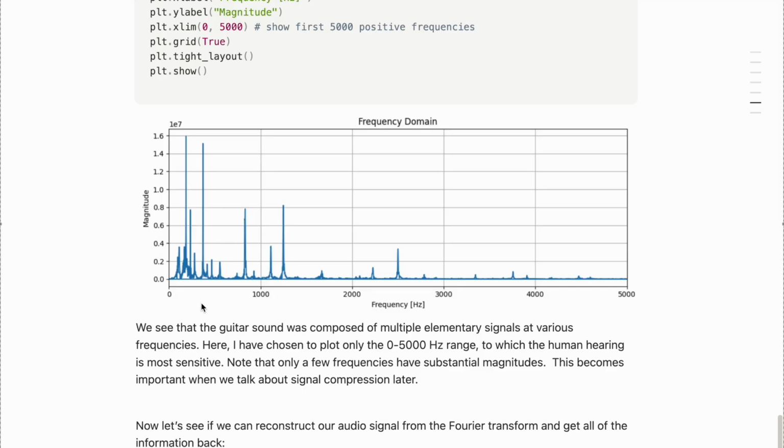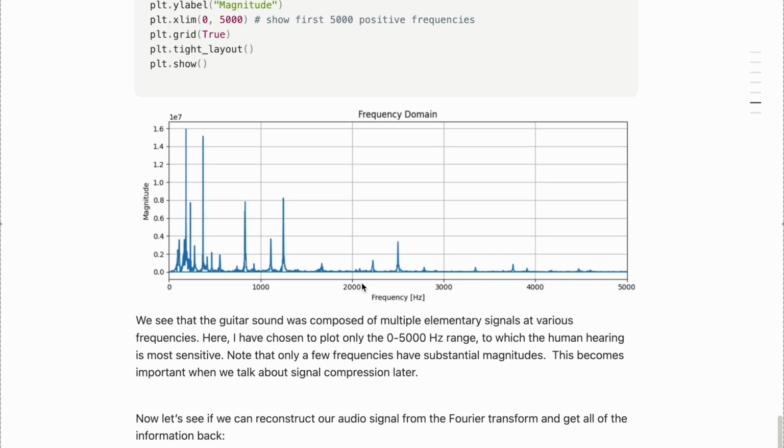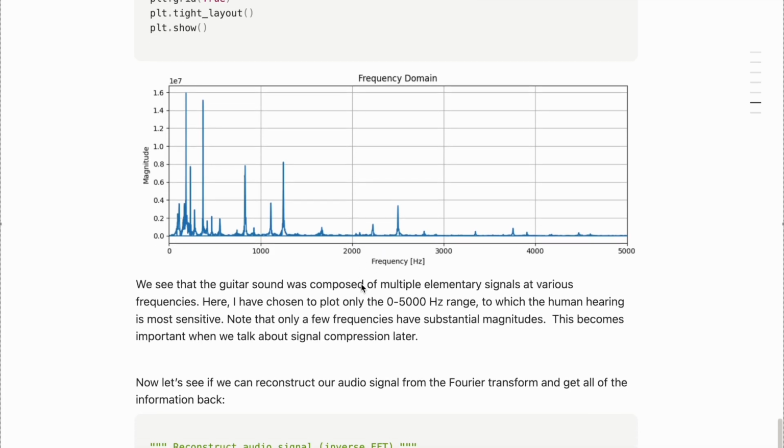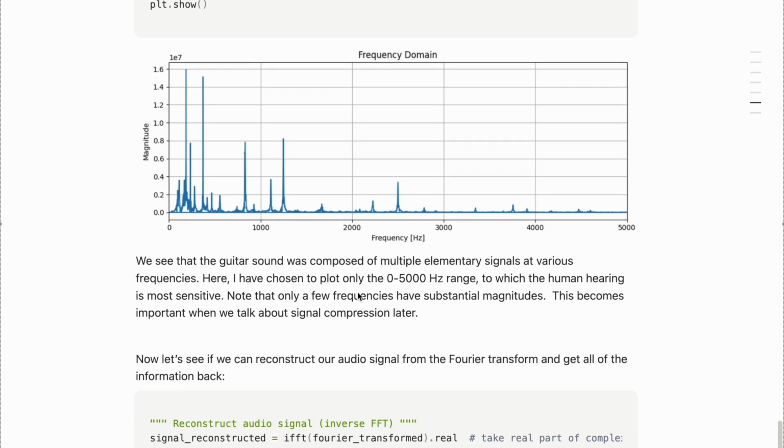Here, I've actually only plotted the frequencies ranging from 0 to 5,000, which human hearing is more sensitive to. And you will see that even within this range, only a few of these frequencies have any significant magnitude, and this becomes important when we talk later about signal compression and image compression.